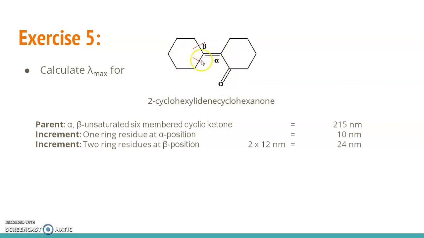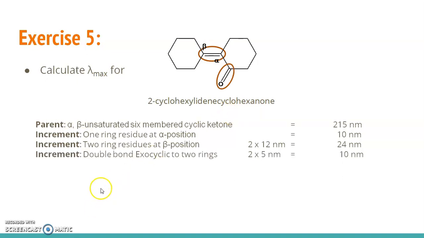Altogether, I can find two exocyclic double bonds. So I will mention it as double bond exocyclic to two rings, and one exocyclic double bond has 5 nanometer. Since we have two, it is altogether 10 nanometer. There is nothing left to be addressed here, so we will sum it up.